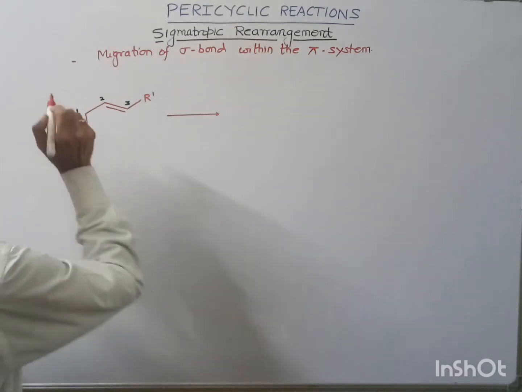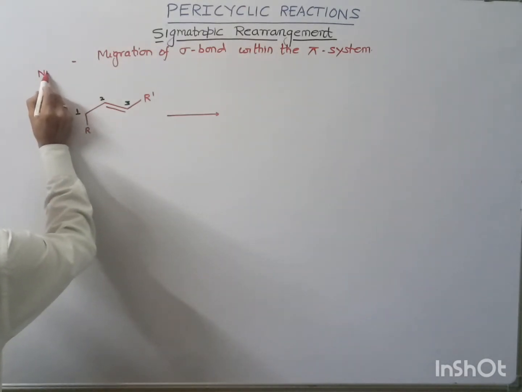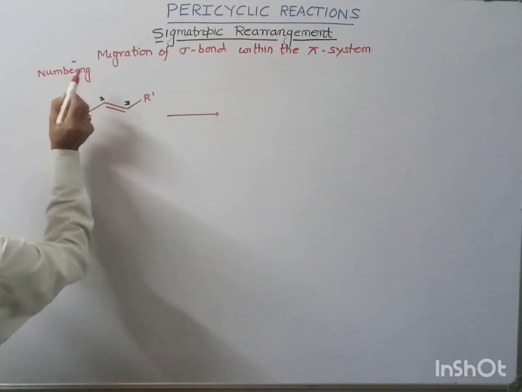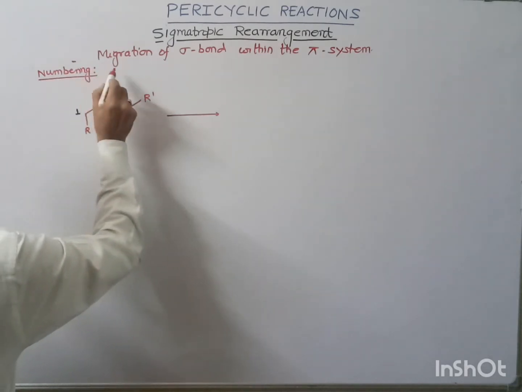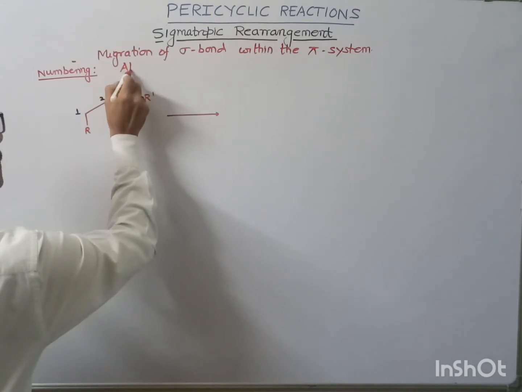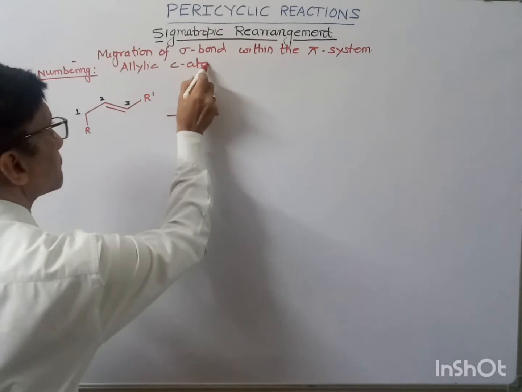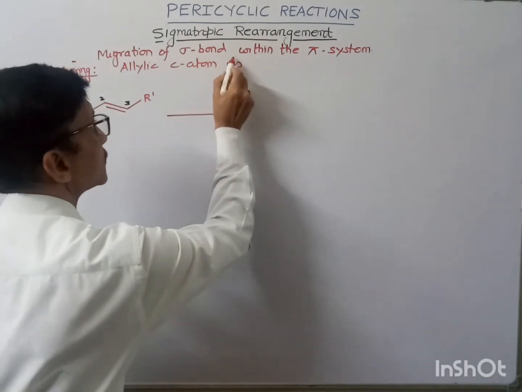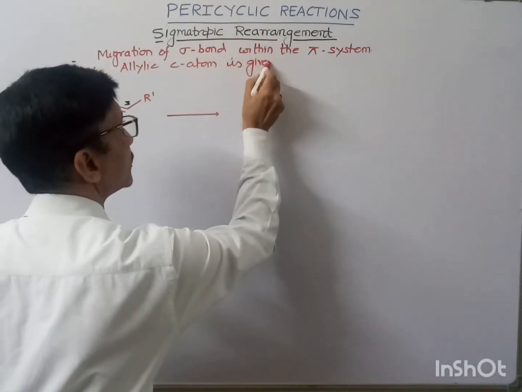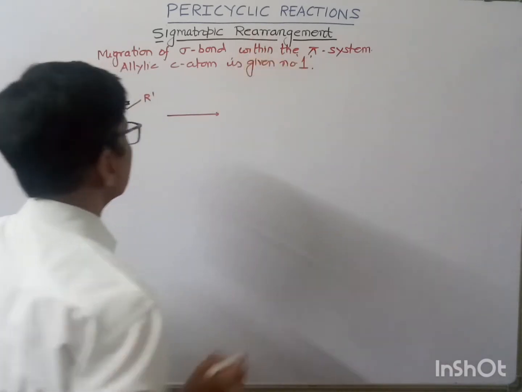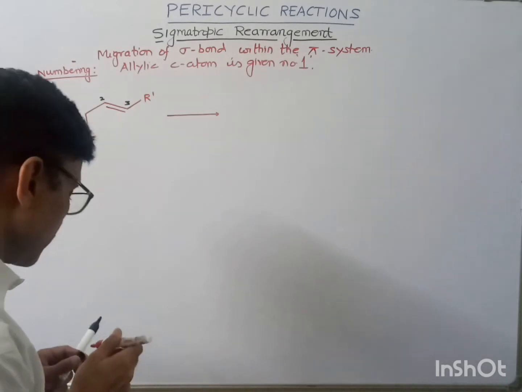So another main point is about the numbering: allylic carbon should be given number 1. Okay, so this is another main point in this reaction.